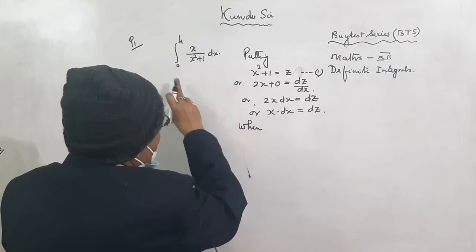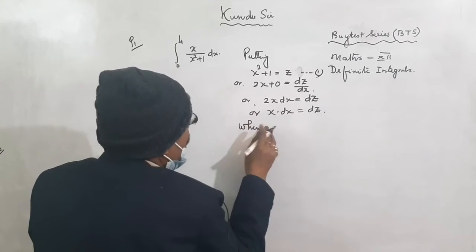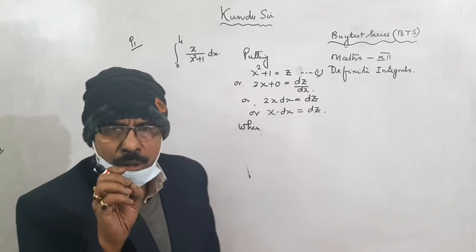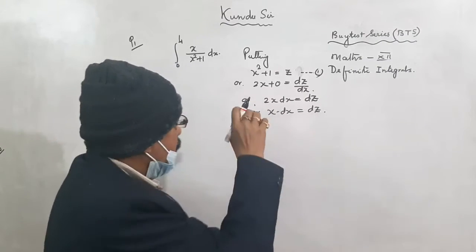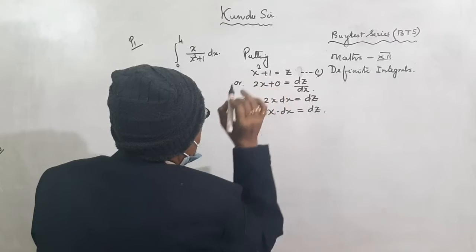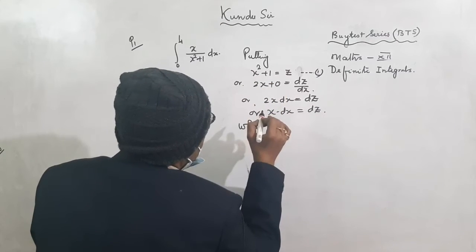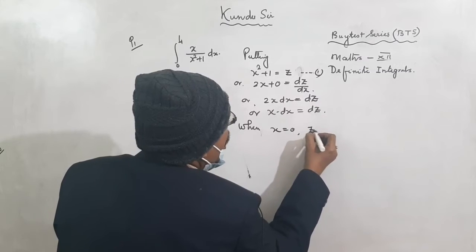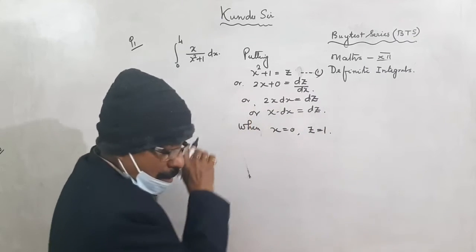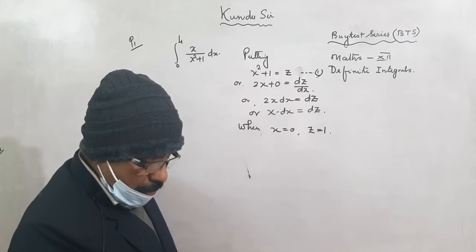When we make a substitution, we have to change the limits. When x equal to 0, that is the lower limit, we have to find the value of z. Putting x equal to 0, z equal to 1. It is for the lower limit.